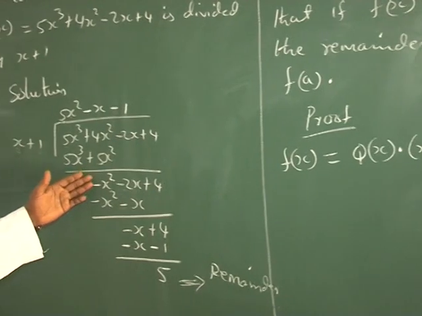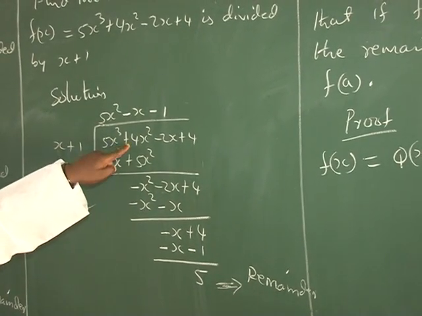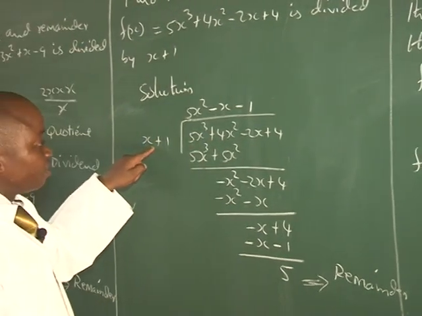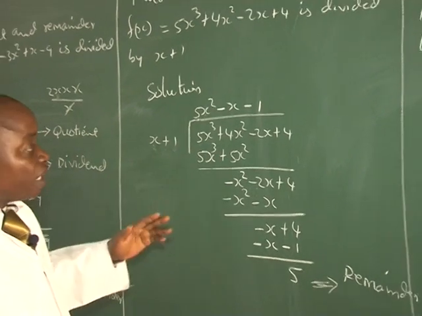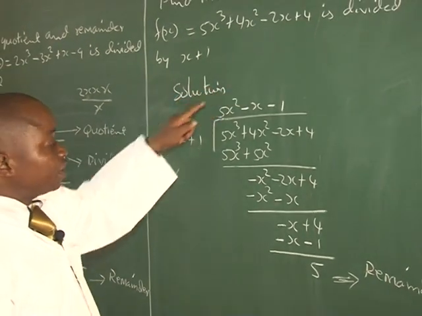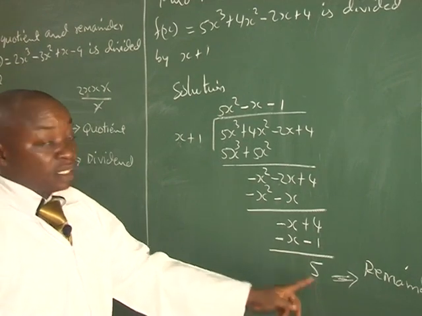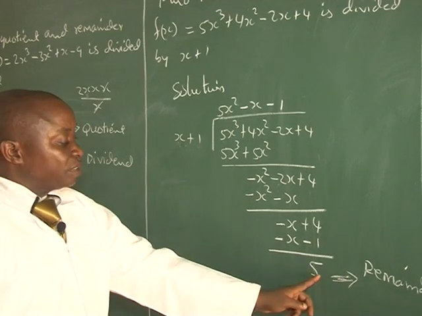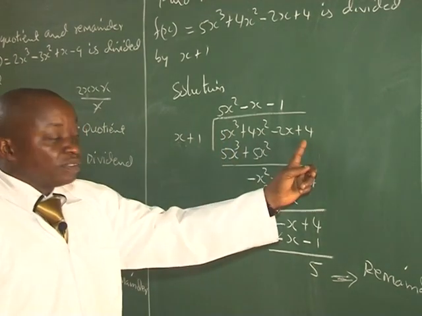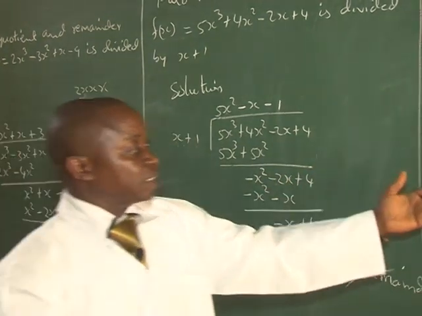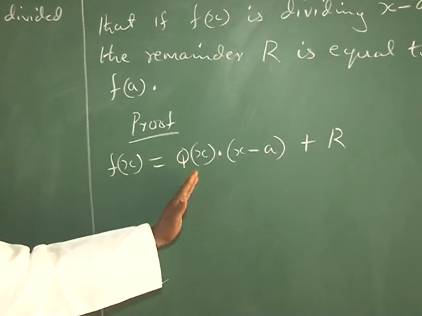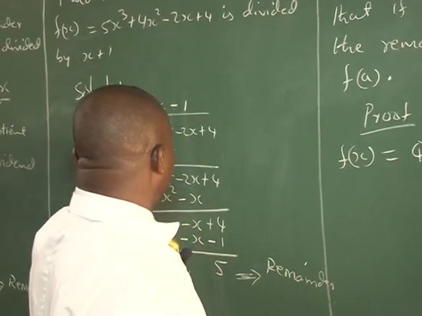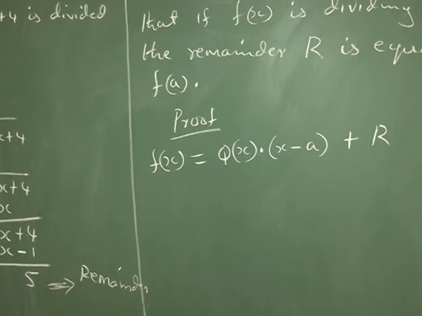Because from here, we notice that f of x is this, which is the dividend. As you use the dividend to divide by the divisor, what you have is the quotient times the divisor, plus the remainder. If we multiply this quotient by the divisor, added to the remainder, we will get back the whole of this polynomial, f of x. So that is what we are saying here, that f of x will be equal to q of x, which is the quotient, times x minus a, which is the divisor, and then plus r, which is the remainder.